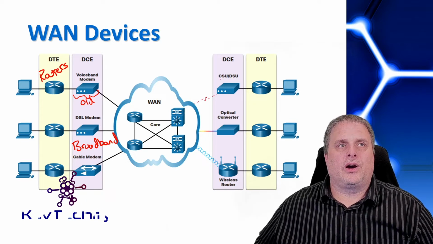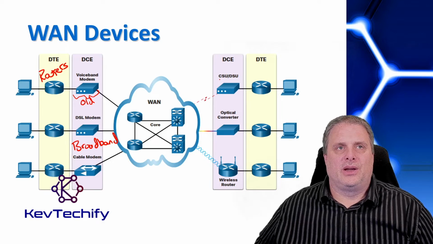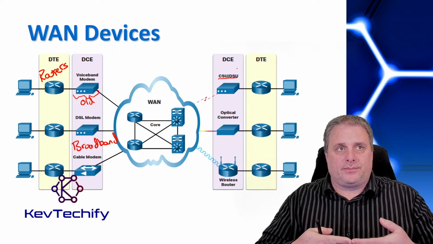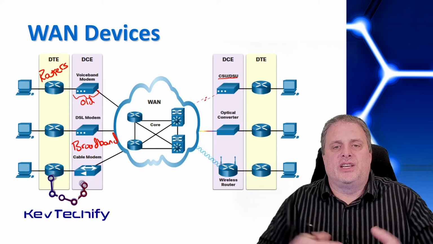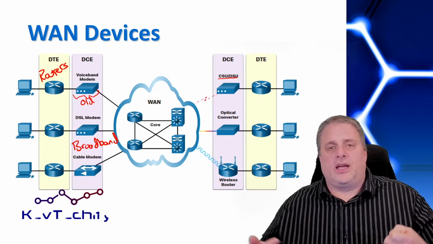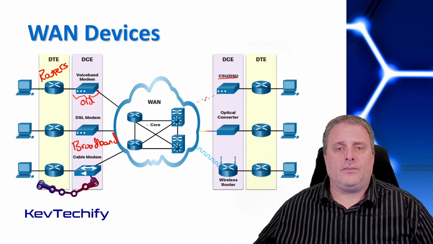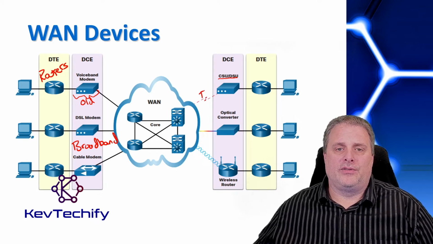Then we have what we call a CSU/DSU. These are two types of connections. They have to work in a pair, and it connects a digital device to a digital line. A digital line like a T1 would be an example of that.